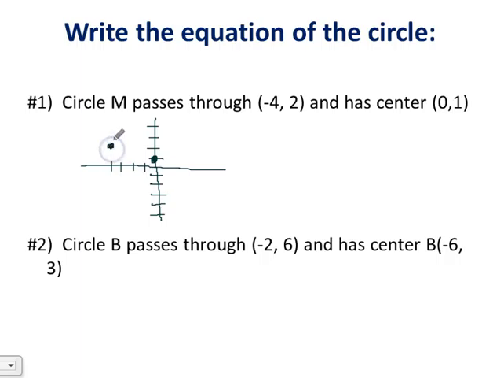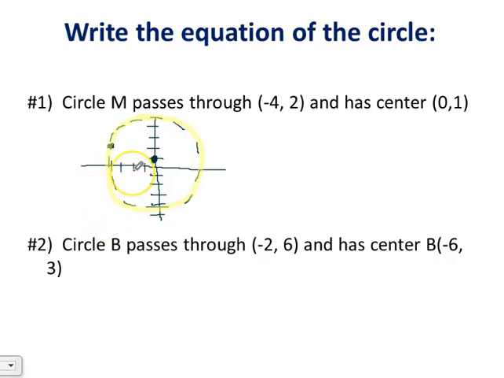So that means the circle has to be somewhere, it's going to look something like this. I'm just going to do it in dashed lines here. So it's got to pass through that point. So that means that point -4, 2 is going to lie somewhere on the edge of this circle here.